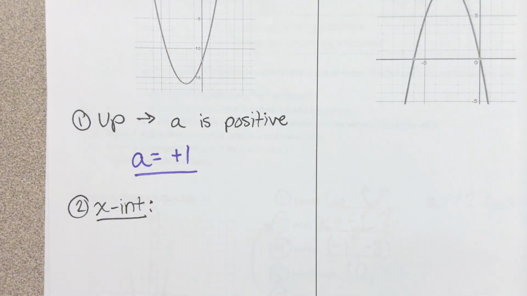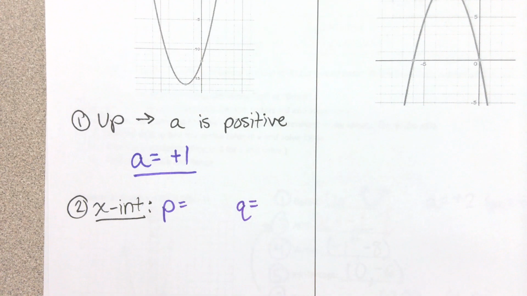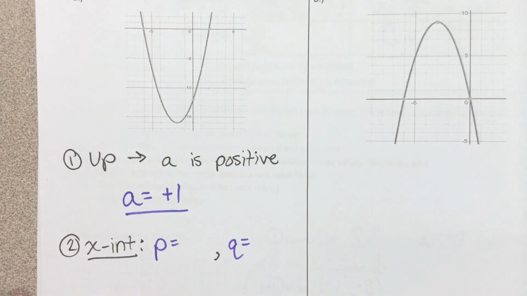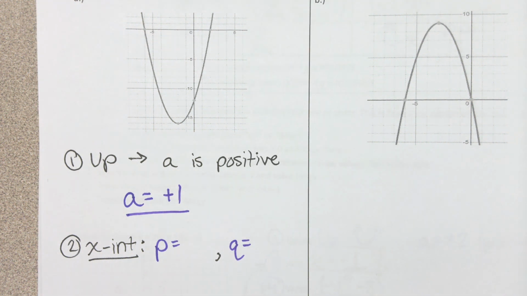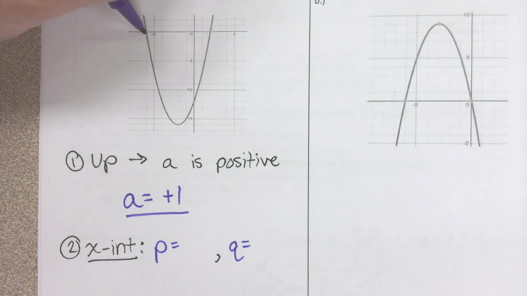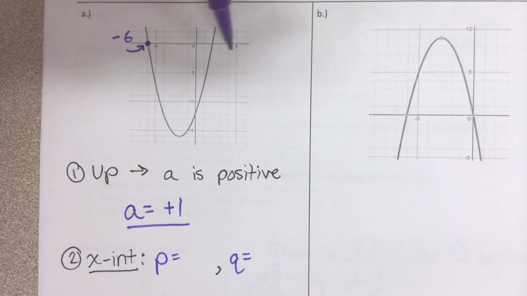Step 2, the x-intercepts. We're going to find P and Q. Looking at the graph, where do we cross the x-axis? We cross it in 2 places. What are those numbers? Over here at negative 6, and over here at positive 2.